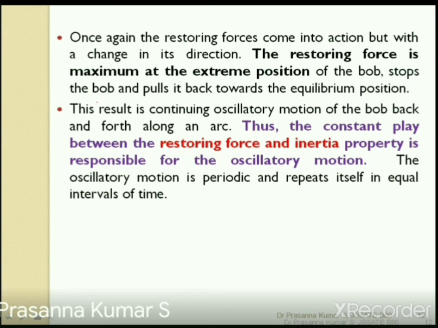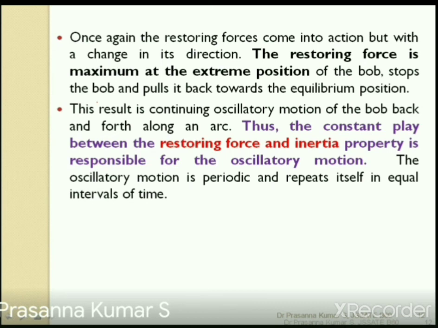If the surrounding medium is free from any resistive forces like air or oil, then the bob may swing indefinitely, because it is continuously converting potential to kinetic and kinetic to potential.